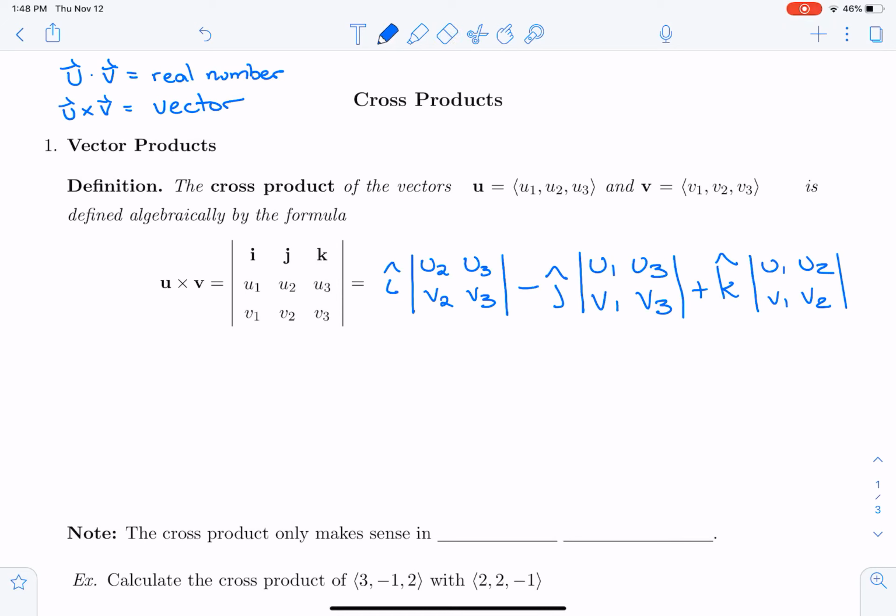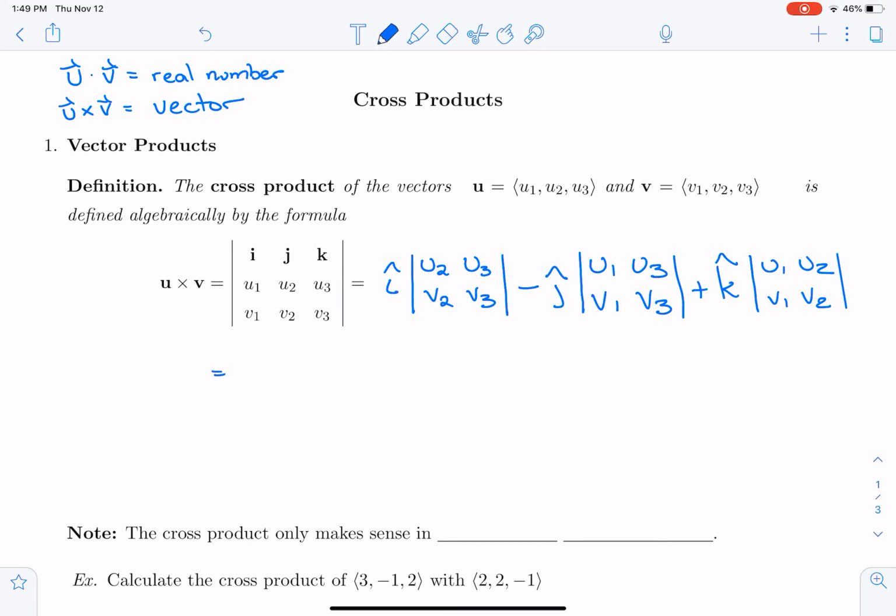The important part is that the coefficients that you choose have a pattern that goes plus, minus, plus, and then minus, plus, minus, plus, minus, plus. For now, though, we really only need to compute 3 by 3 determinants for cross products. And so you're always going to use that top row with i, j, and k to expand this determinant in terms of what are called 2 by 2 determinants.